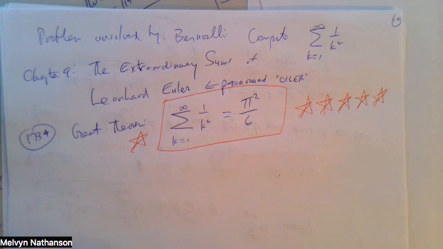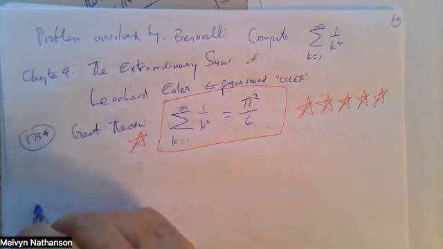And that is what we're going to talk about in the next chapter. It's going to depend on some things that you should have seen in Math 176 when you're studying Taylor series.